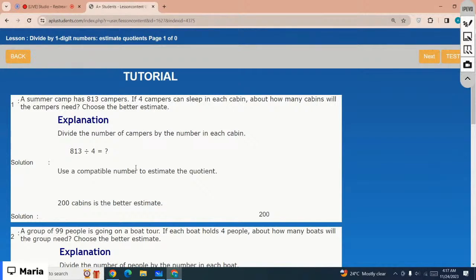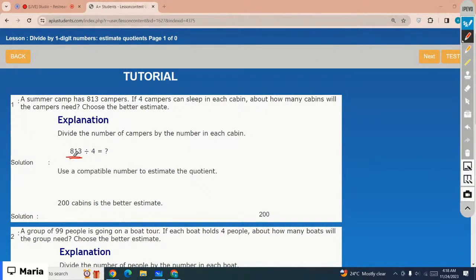So the campers are 813, right? Each cabin must have four campers, so you have to divide 813 by 4. You have to write the numbers in a compatible form that can be divided easily.